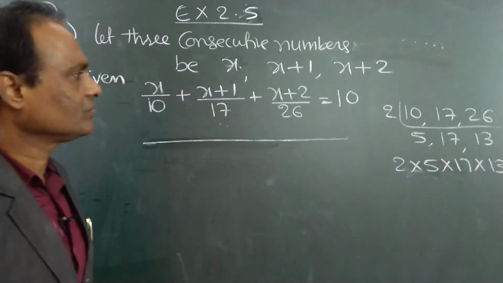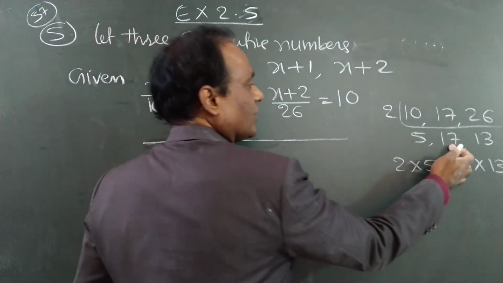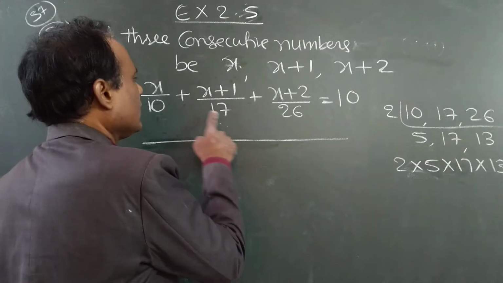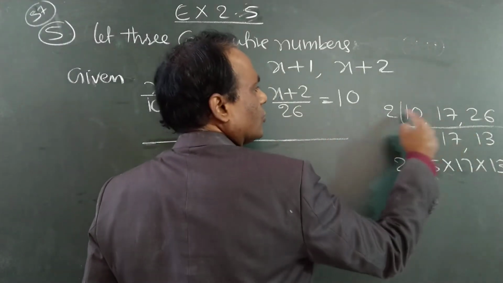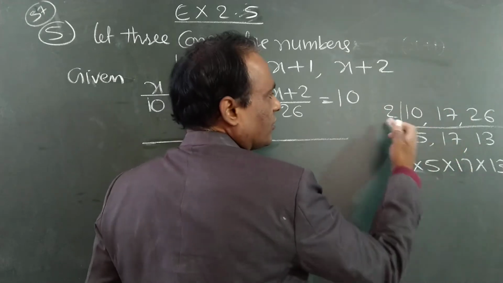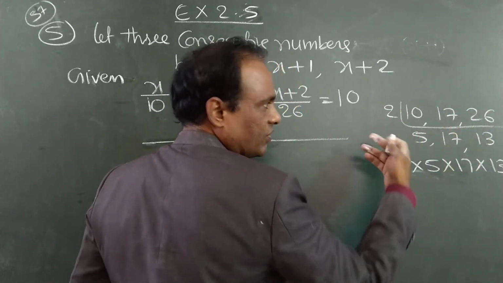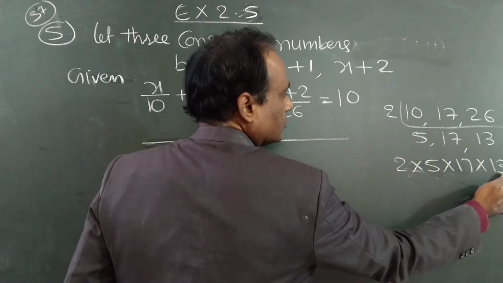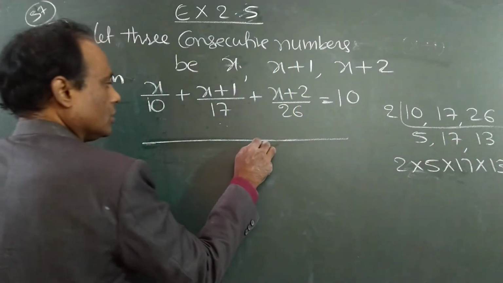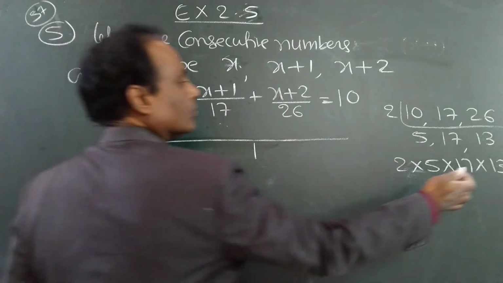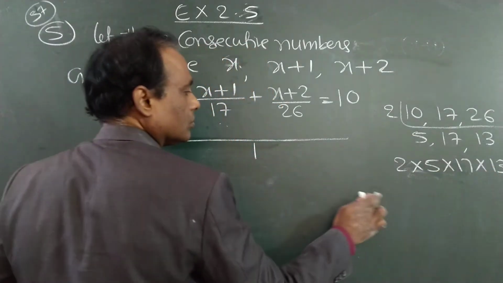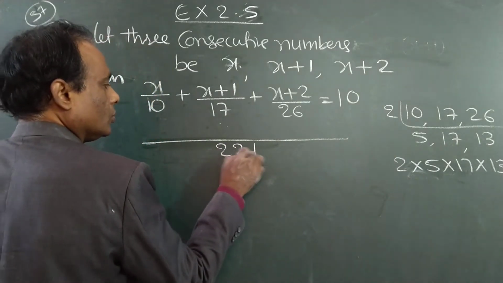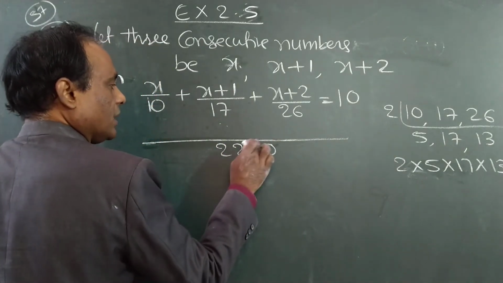That is the LCM process. You know the procedure of taking LCM. 10, 17, 26 LCM. So 2 five times, 17 not divisible, 2 thirteen times. There is no number which divides it as it is. 2 into 5 into 17 into 13. This is the big LCM we got.